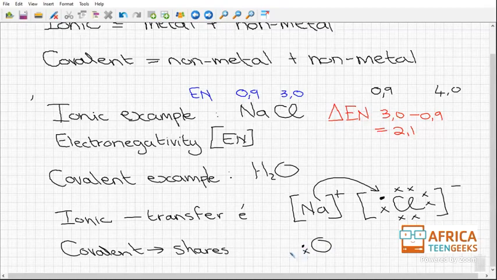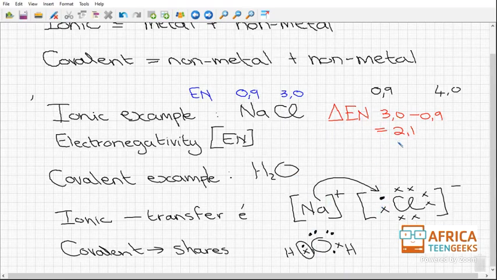these electrons between hydrogen and oxygen belong to both oxygen and hydrogen. Okay, so this here shows a sharing of electrons, where ionic transfers electrons.